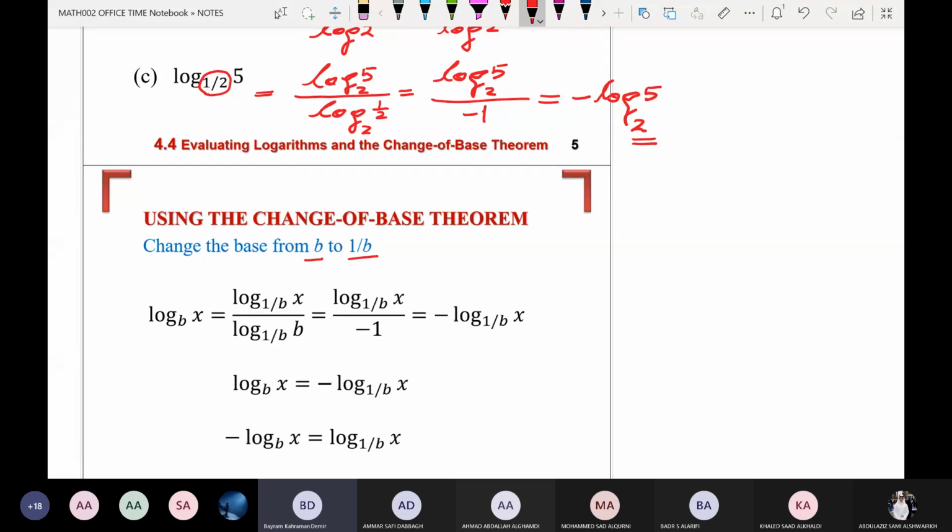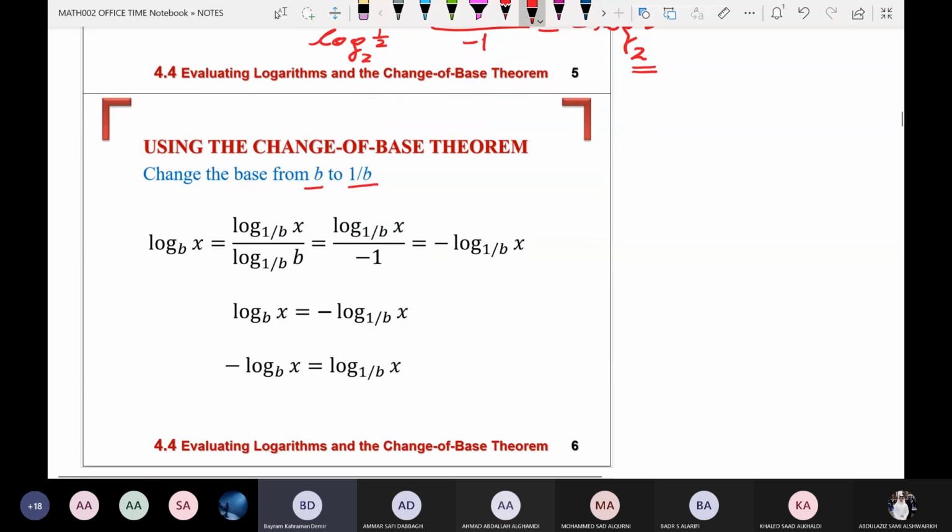If you use the base formula as you see in the steps, you will get logarithm of b with base 1 over b is -1. So it's just negative logarithm of 1 over b, the base 1 over b.